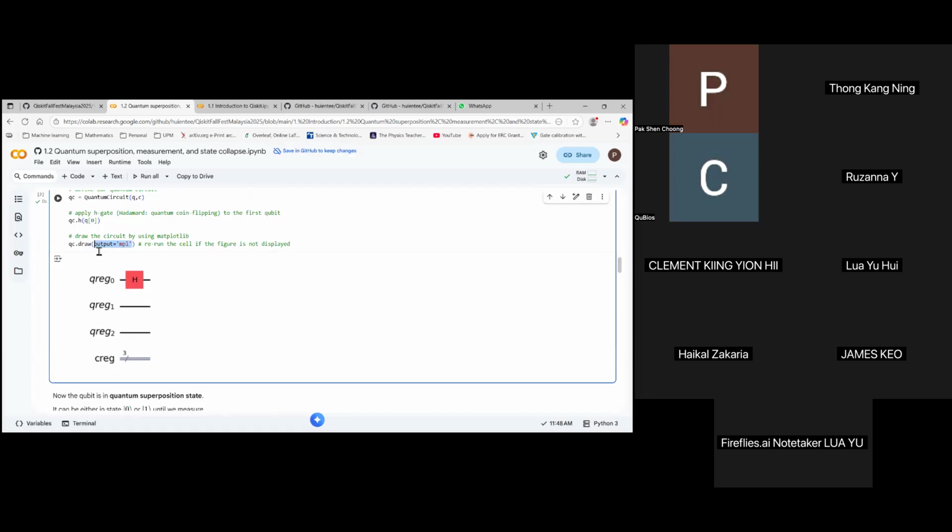And if you still remember from the 1.1 module, this output we can use some function in it. This one, MPL, shows the output like this, or we can also use another one.